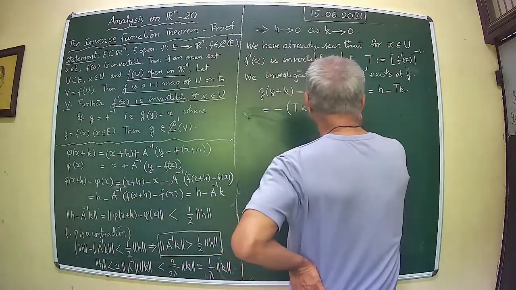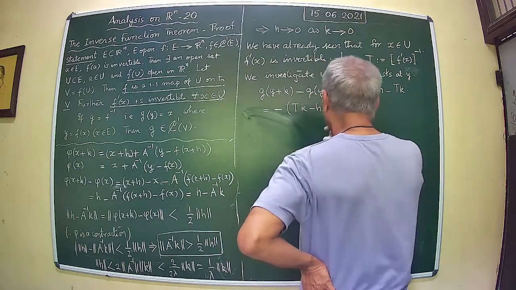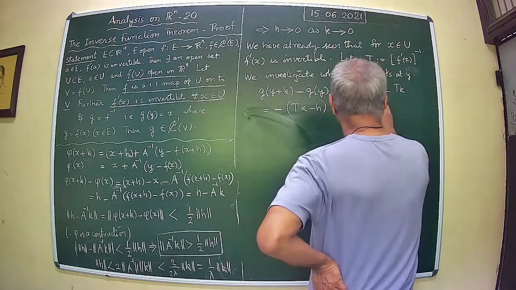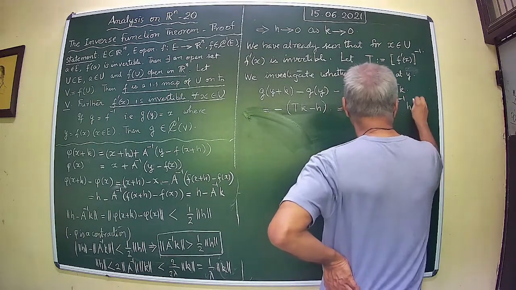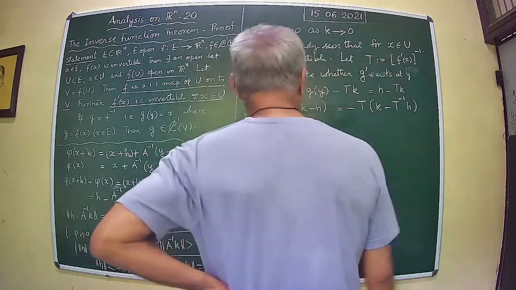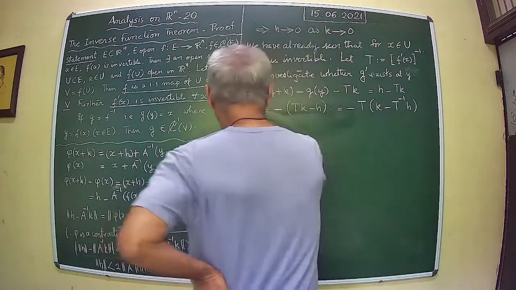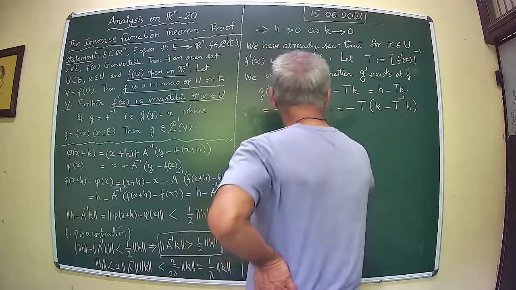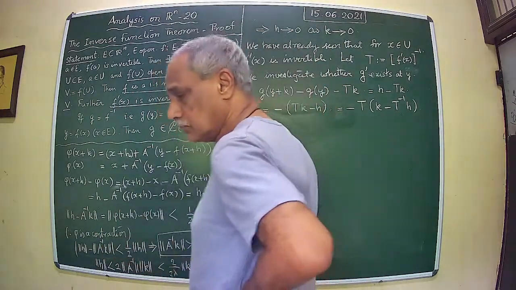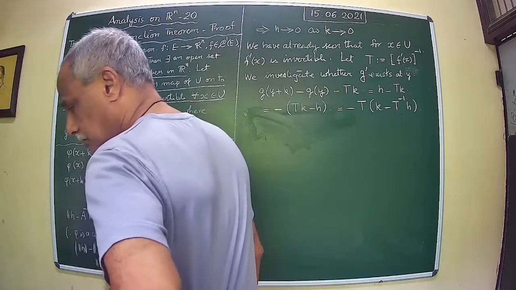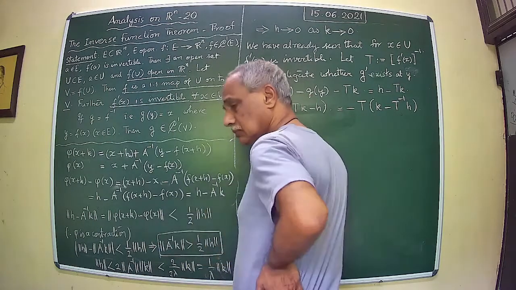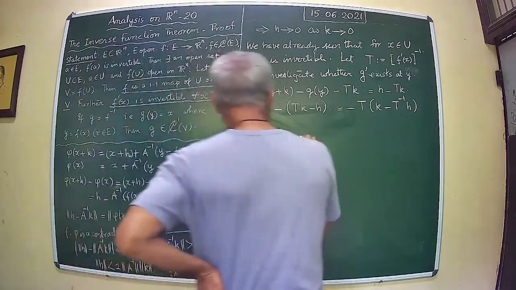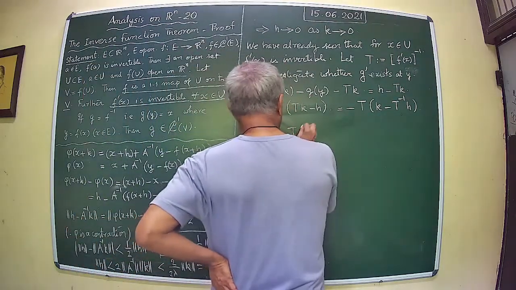This is equal to minus T inverse h, and that's equal to T of k minus T inverse h.